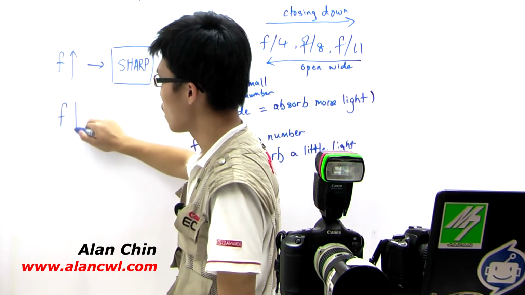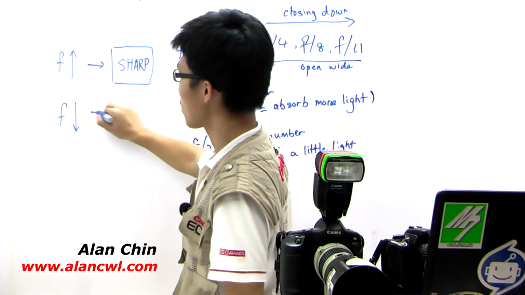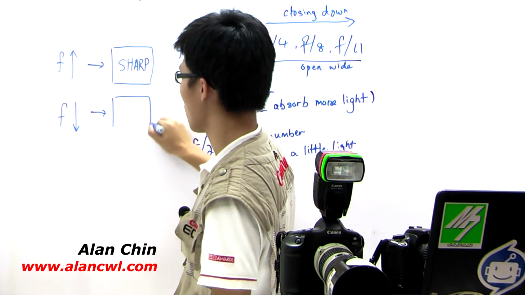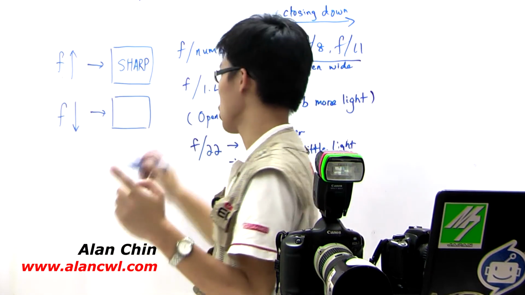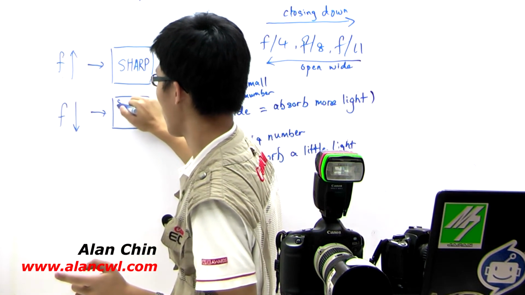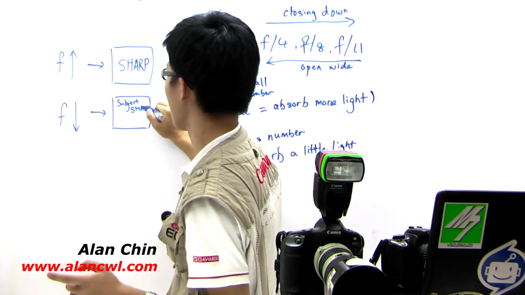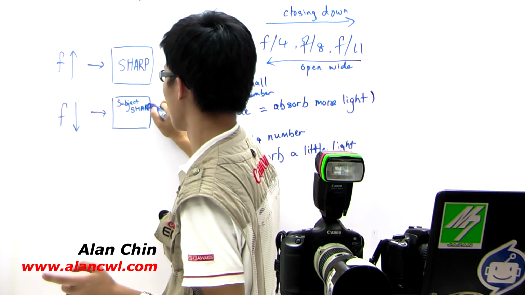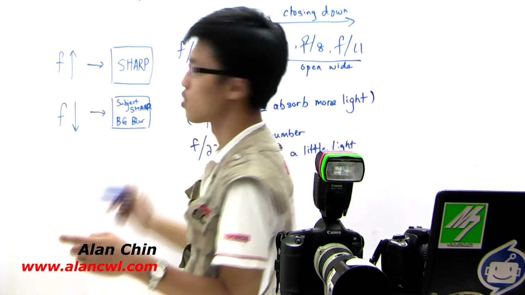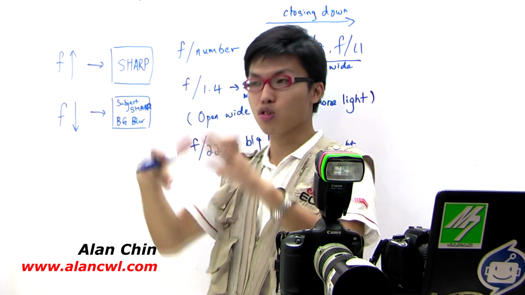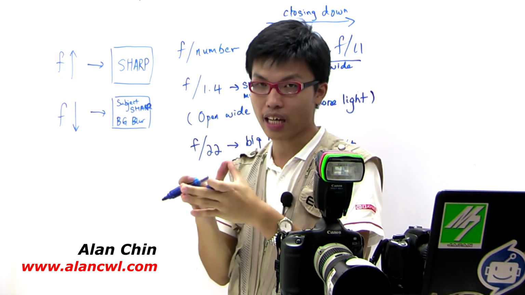But when it comes to a very low f number, which means open wide, you may get some situations. The first thing is the subject is sharp, and another thing is your background is blurred. So it's a simplified way to concentrate more on the objects.